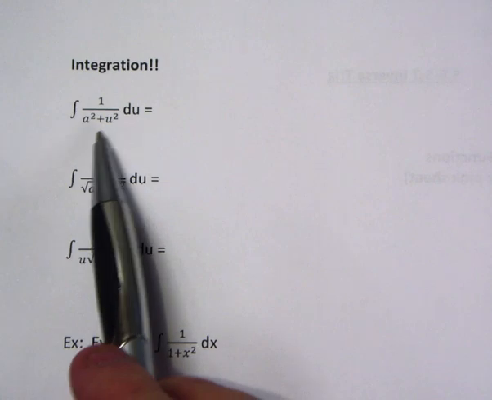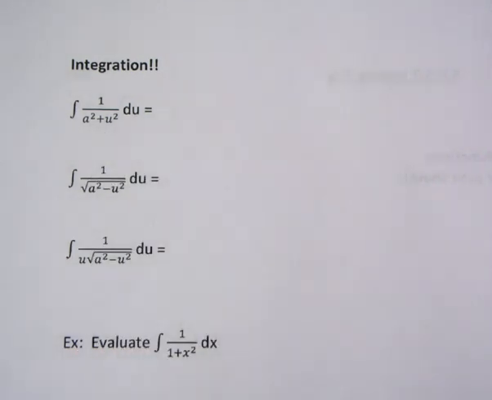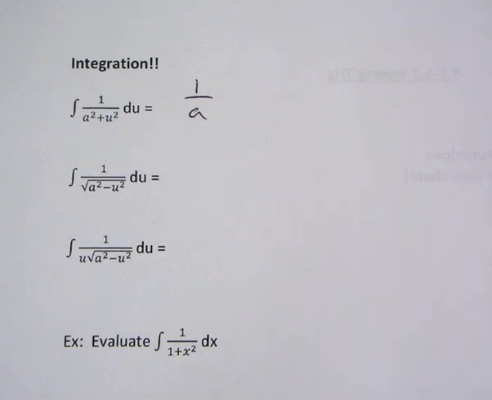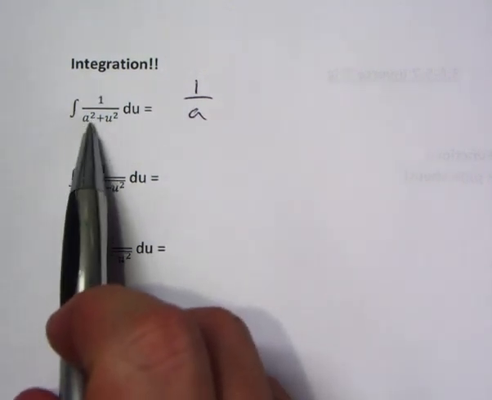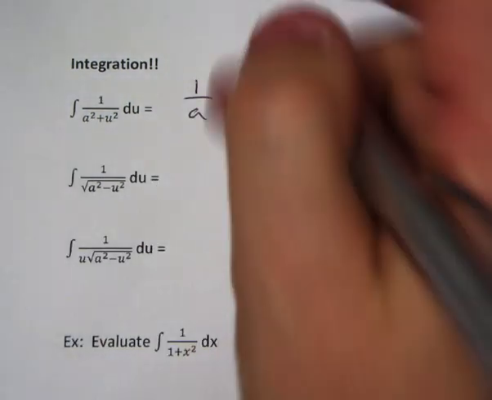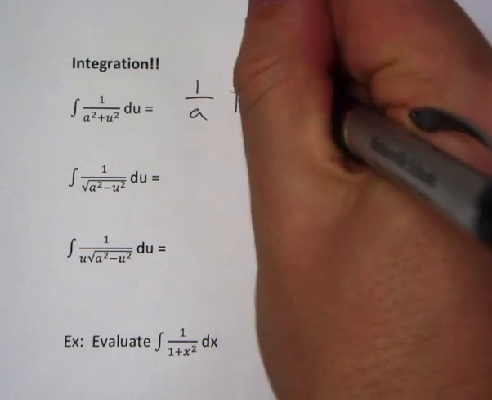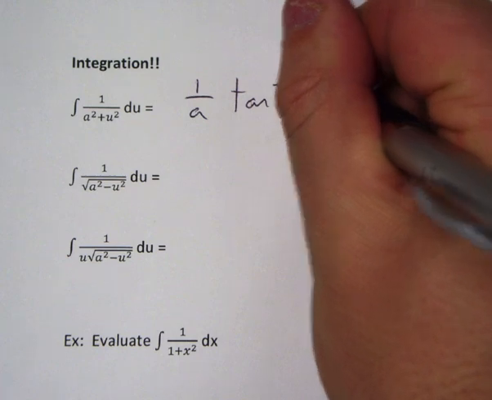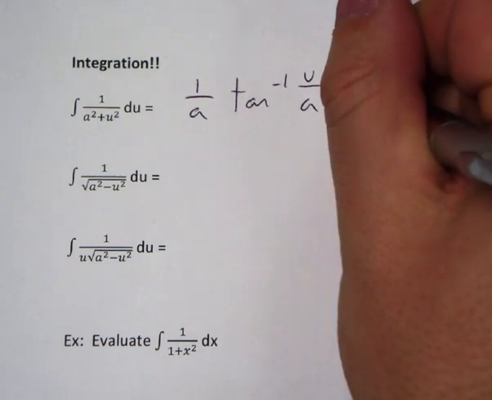A is just a number. U is our function of x. So if we see this form, then it's going to be 1 over a, so if that was 4 right here, that would be 1 over 2. And then tangent inverse, or arctangent, of u over a plus c.